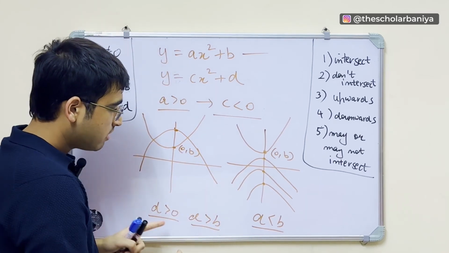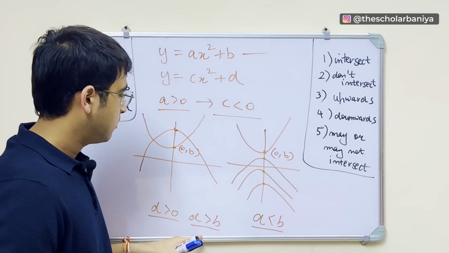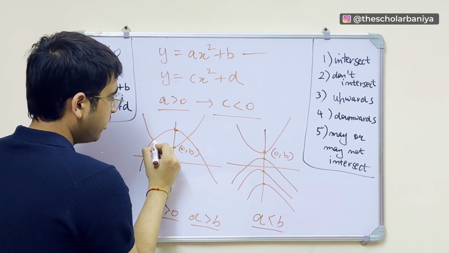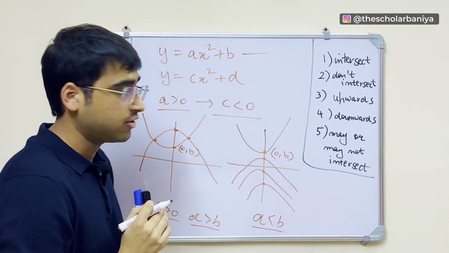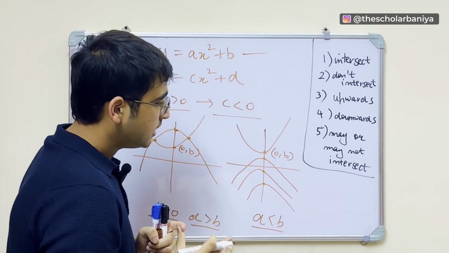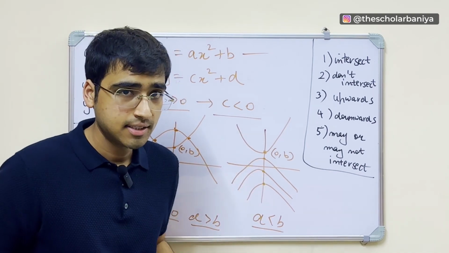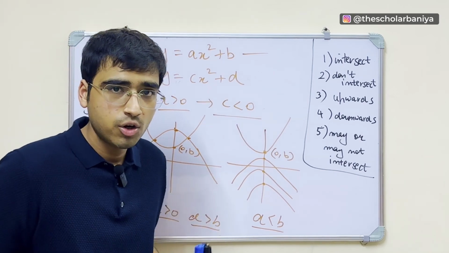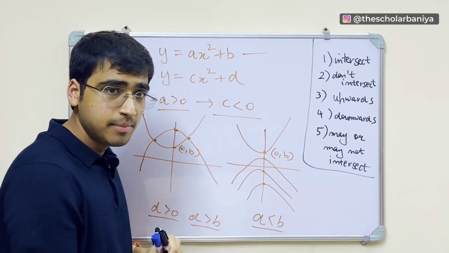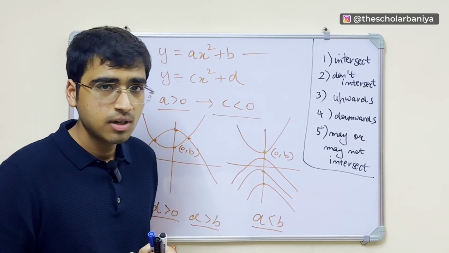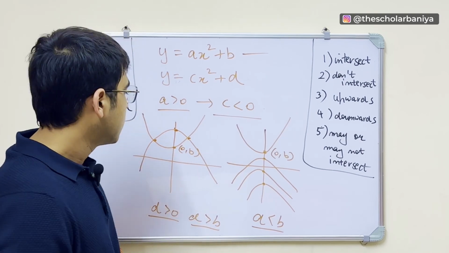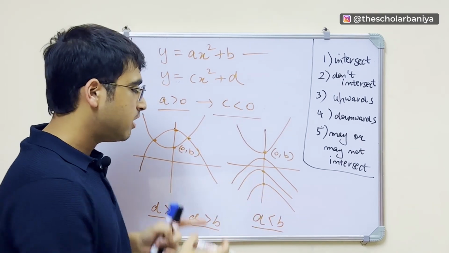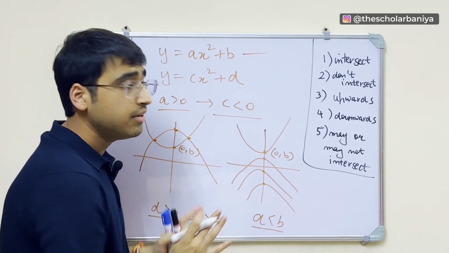So when d is greater than b, the two parabolas intersect each other. This is one point of intersection, this is the second point of intersection. But in this case, the two parabolas do not intersect because the value of d is less than b. We do not know, because d can be greater than b and d can be less than b also. It is not given in the question. So sometimes it may intersect or it may not intersect depending on the values of the given variables.